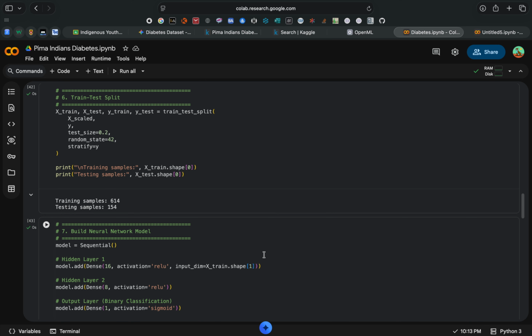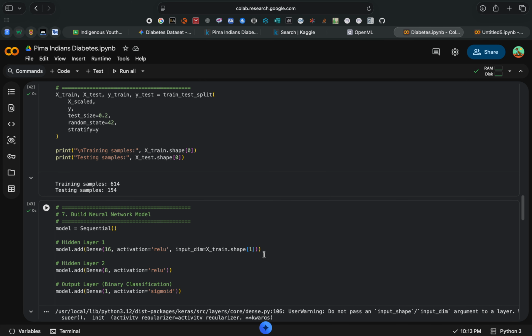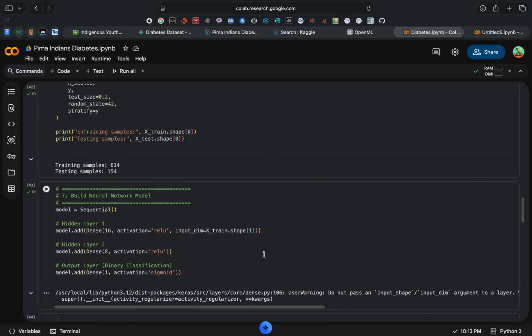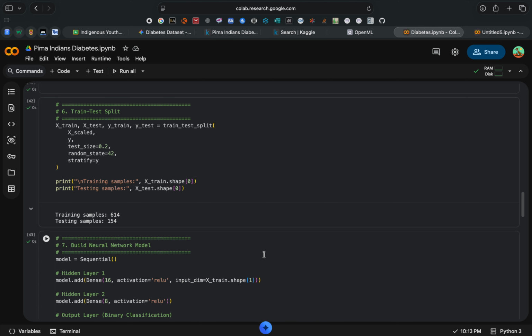Then I split the data into training and testing sets using an 80-20 split. This gave me 614 training samples and 154 testing samples. I also use stratification, which helps keep the same proportion of diabetic and non-diabetic cases in both the training and testing data.